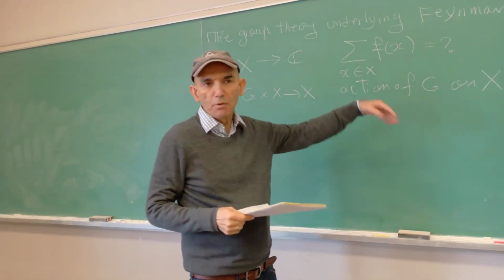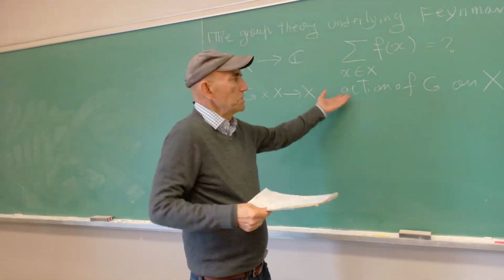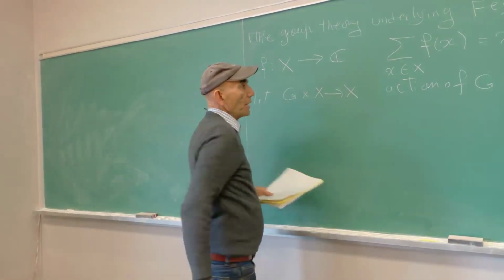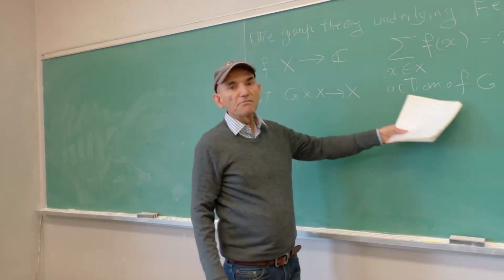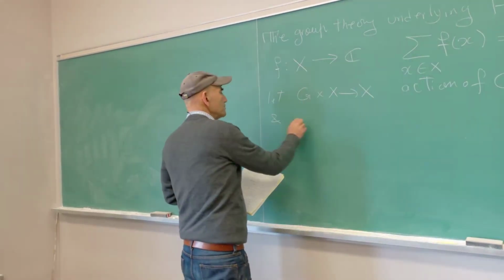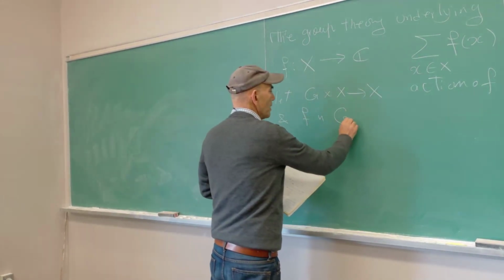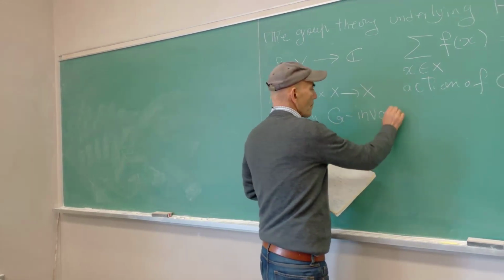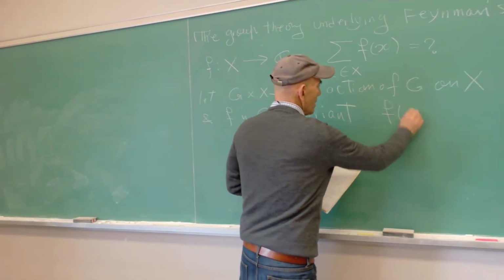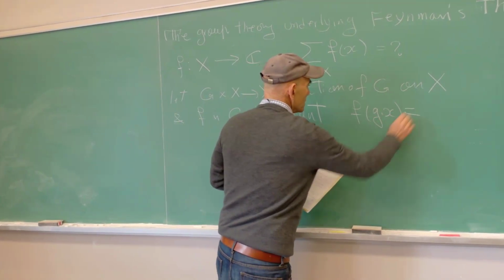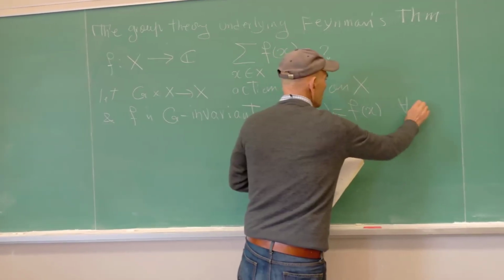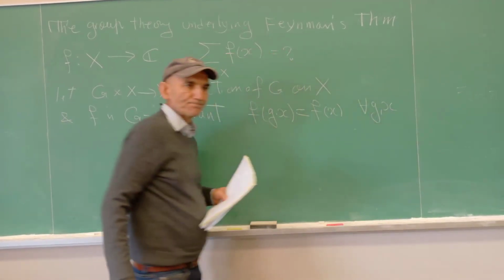So X is a G-space, but now imagine that f is invariant under G. So G is the symmetry of f, and f is G-invariant. This means f(gx) is equal to f(x) for all g in G and x in X. Okay?